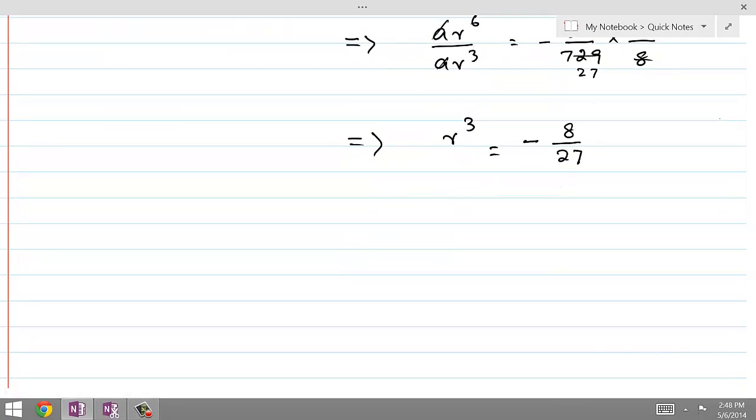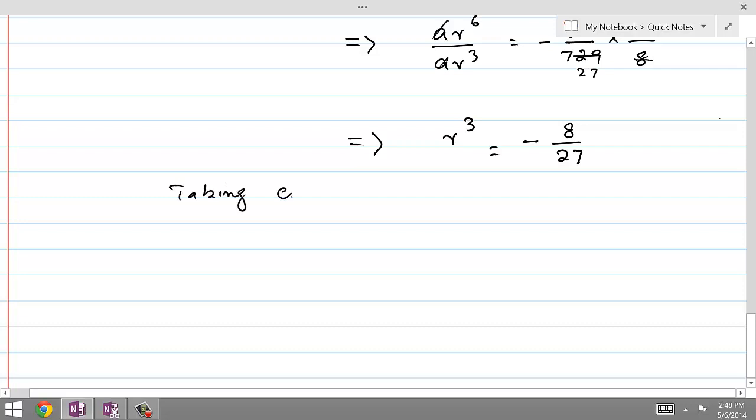And now we can take the cube root on both sides, what we have is r equal to minus 2 over 3. That is the value of r.